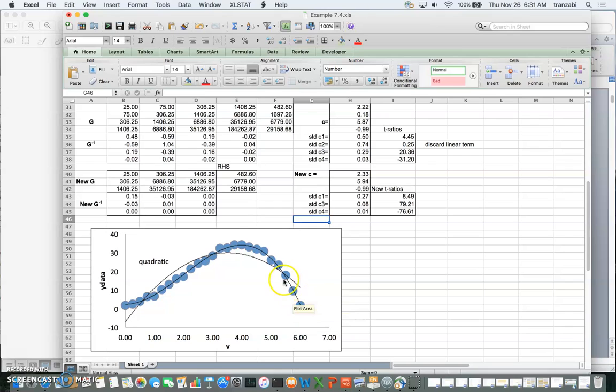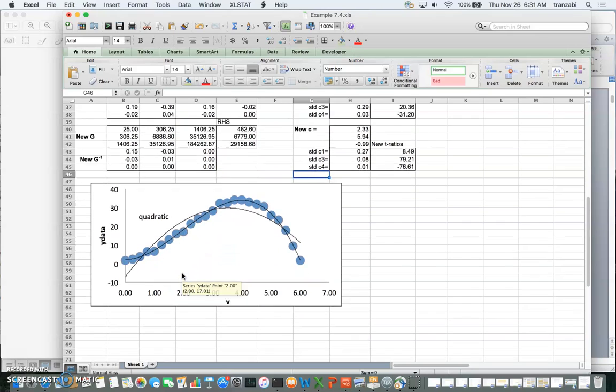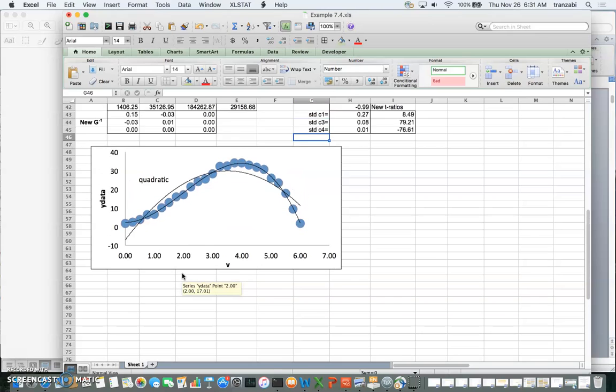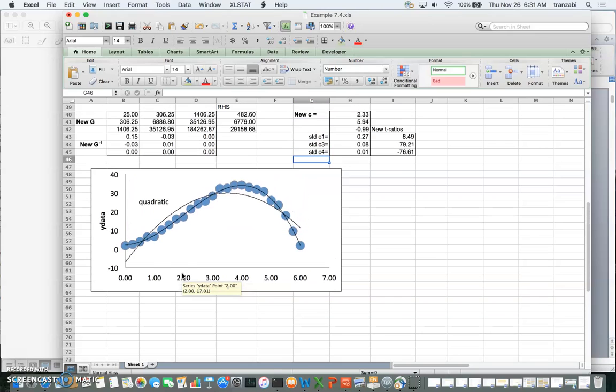You see you get a much better fit. So this black line is much better than this black line, because from here to here, we dropped the linear term. It still is cubic, but it doesn't have a linear term. Okay, so I hope this is useful.